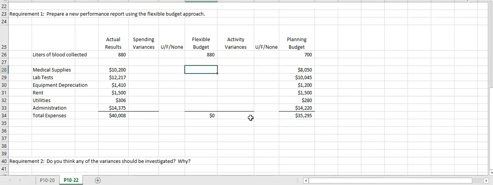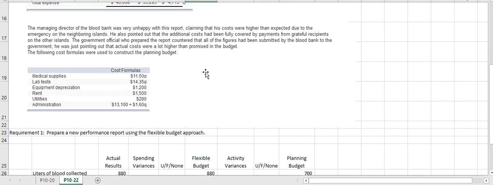And now we have to actually do some work. So we are in the flexible budget column, and we're going to have to calculate our expenses based on the flexible budget cost driver, which is the 880 liters of blood collected. So to do that, we need this second chart that tells us the cost formula.